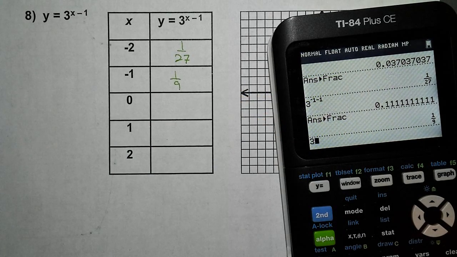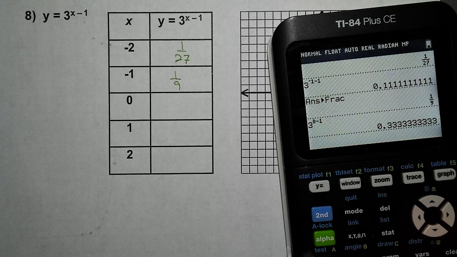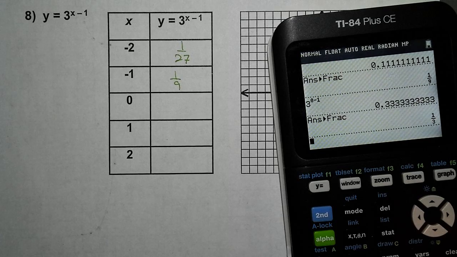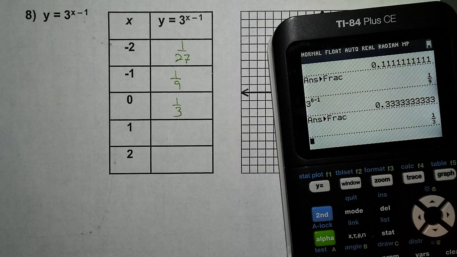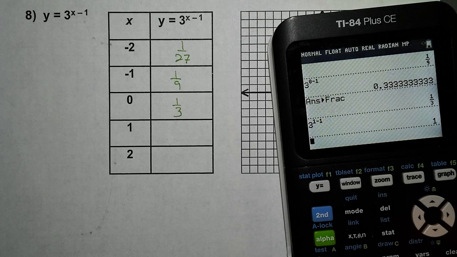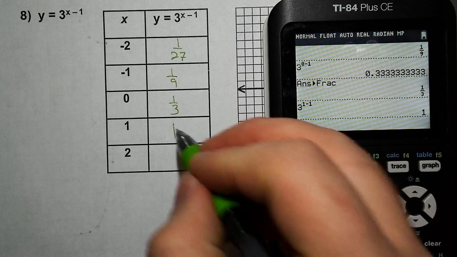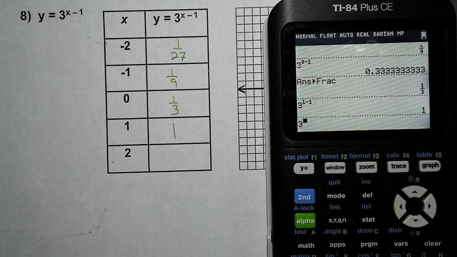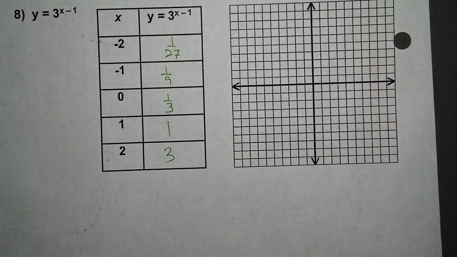Now we've got 3 to the 0 minus 1, which is 0.333333, 1/3. And we've got 3 to the 1 minus 1, which comes out to just 1. And then 3 to the 2 minus 1, which comes out to 3. Now let's graph it.